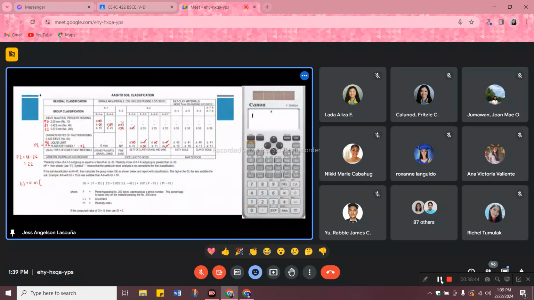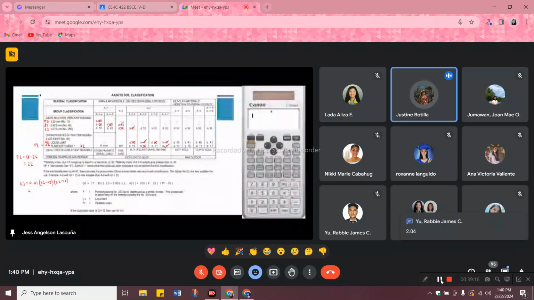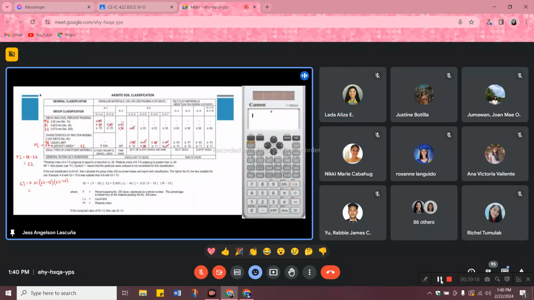So our GI will be 0.01 times F, where F is the percent passing the number 200 sieve, which is 32. So 32 minus 15 times PI, which is 22 minus 10. What is the GI, guys? 2.04, sir. 2.04.